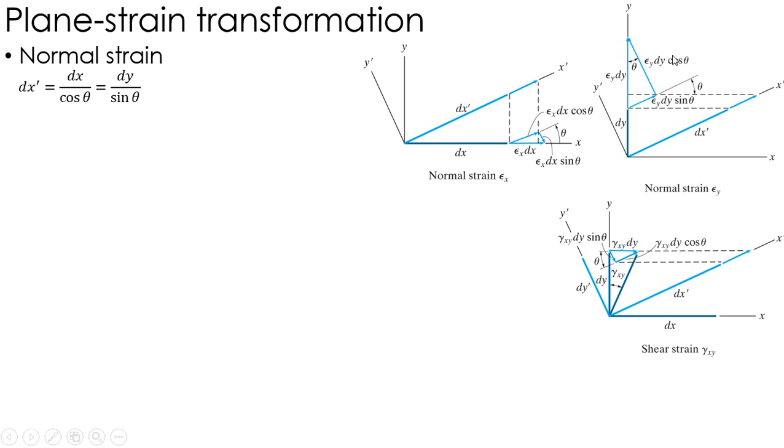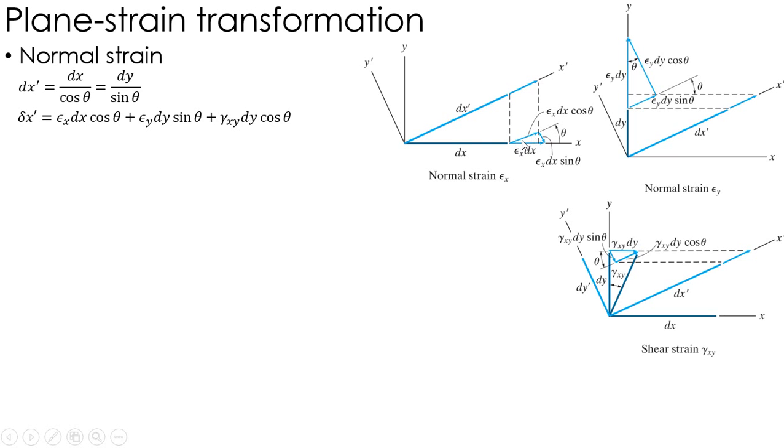So my dx prime, looking at this new orientation, I've got to keep in mind that dx prime is essentially dx over the cosine of theta, or dy over the sine of theta, just by this orientation. My delta x prime is basically each component in the x prime direction.